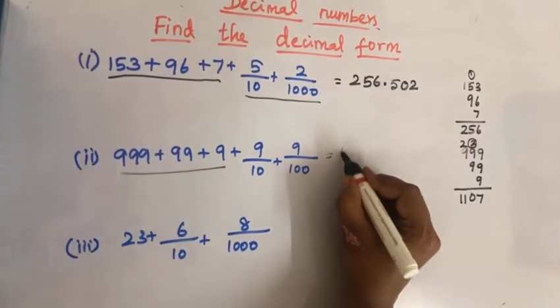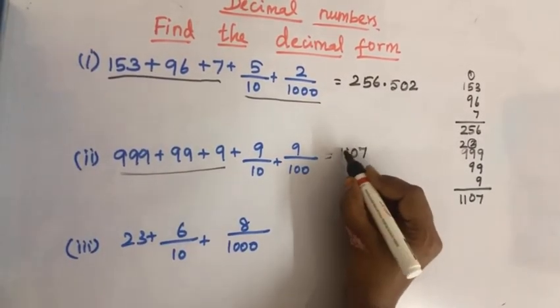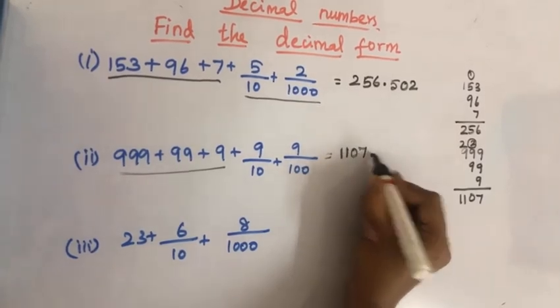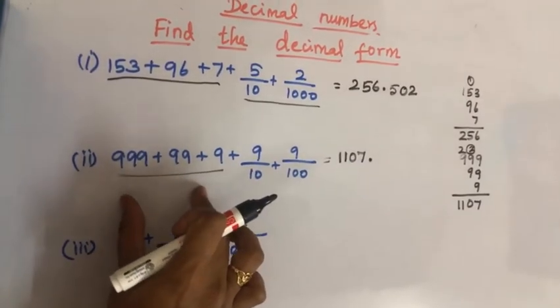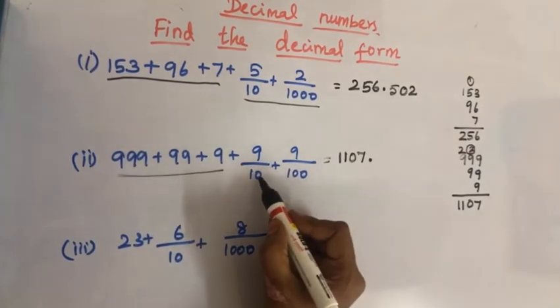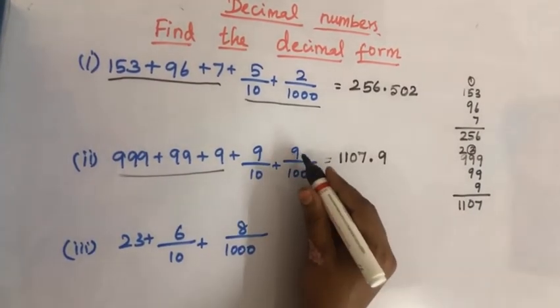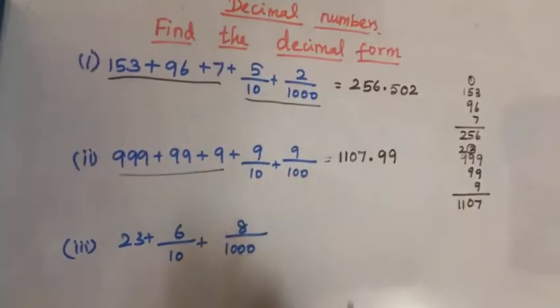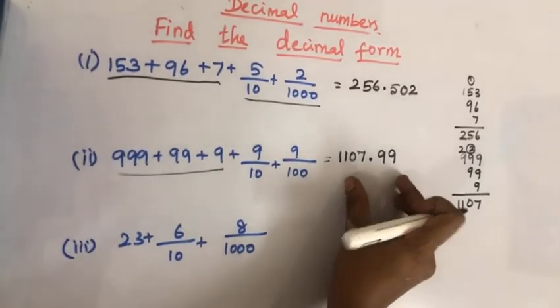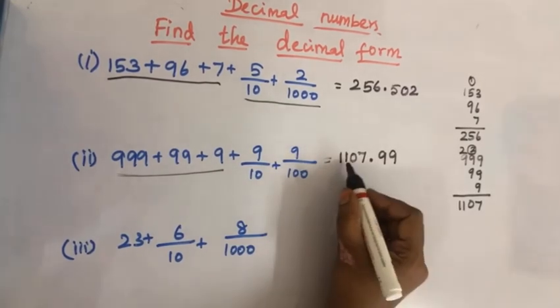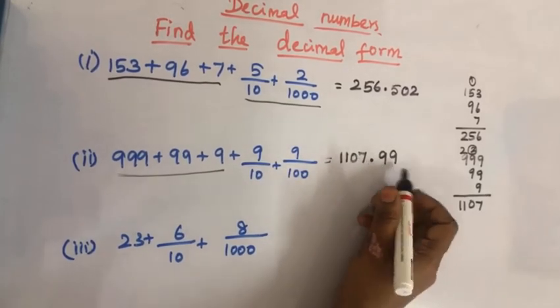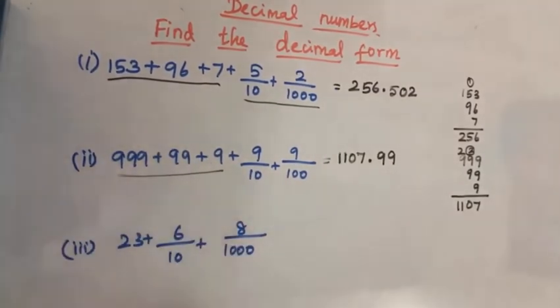So 1107 point. This is the whole number part. Now point. This is in tenth. In the tenth place you have 9. In the hundredth place you have again 9. So this is the decimal form, that is 1107.99 is the decimal form of this fraction.